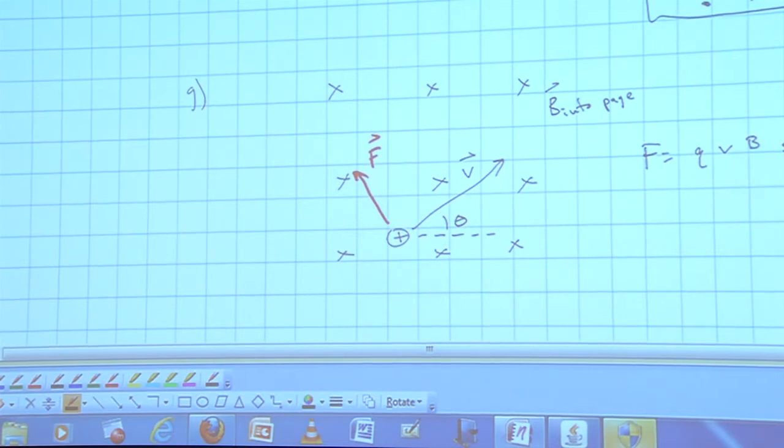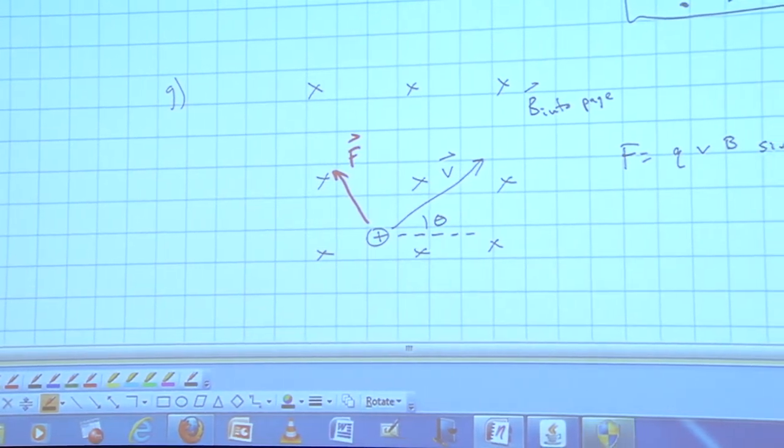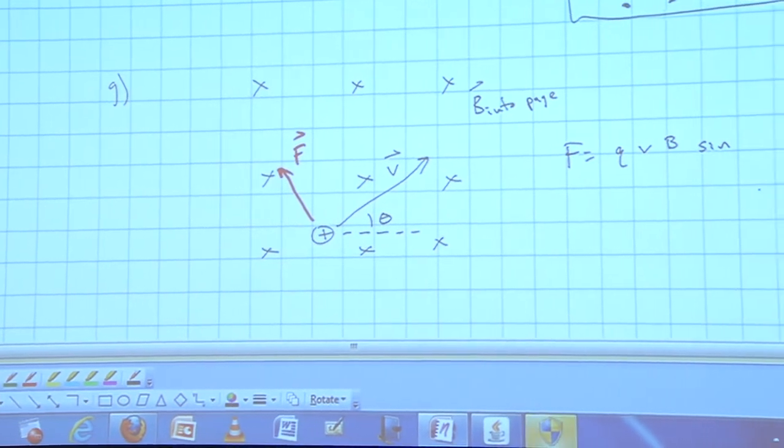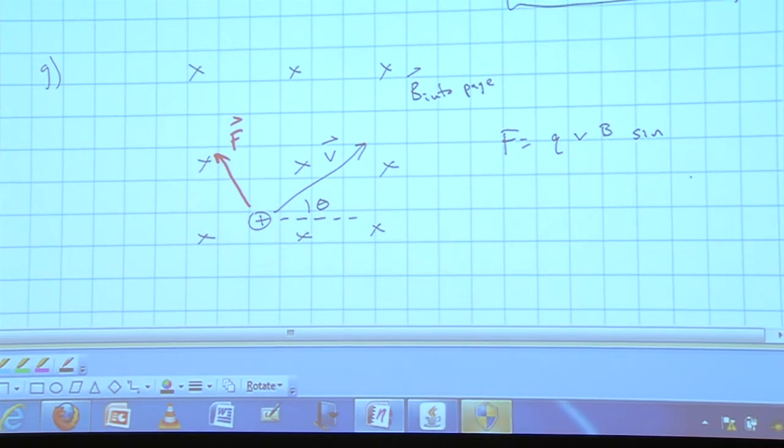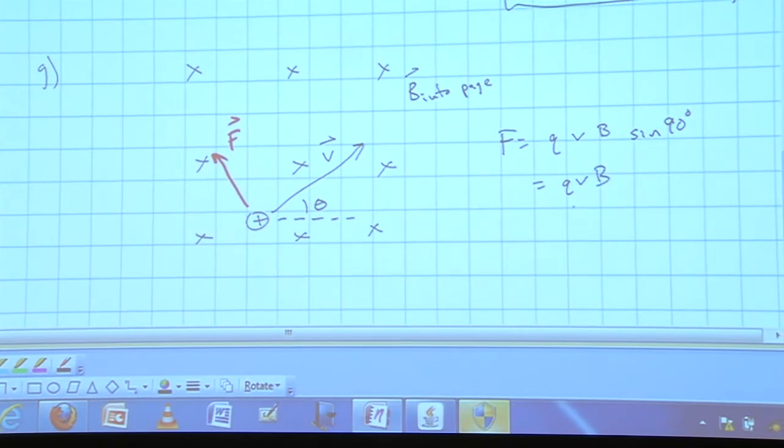What's the angle? What's the angle between? This is the angle between V and B. Right?